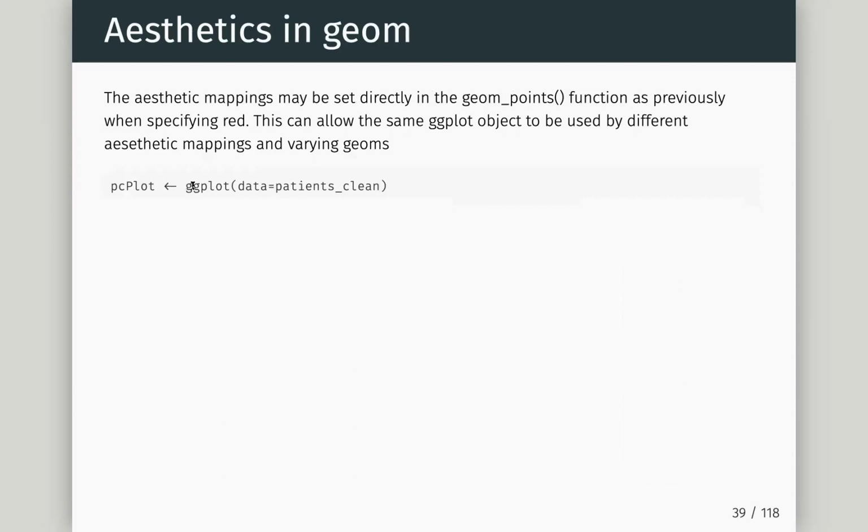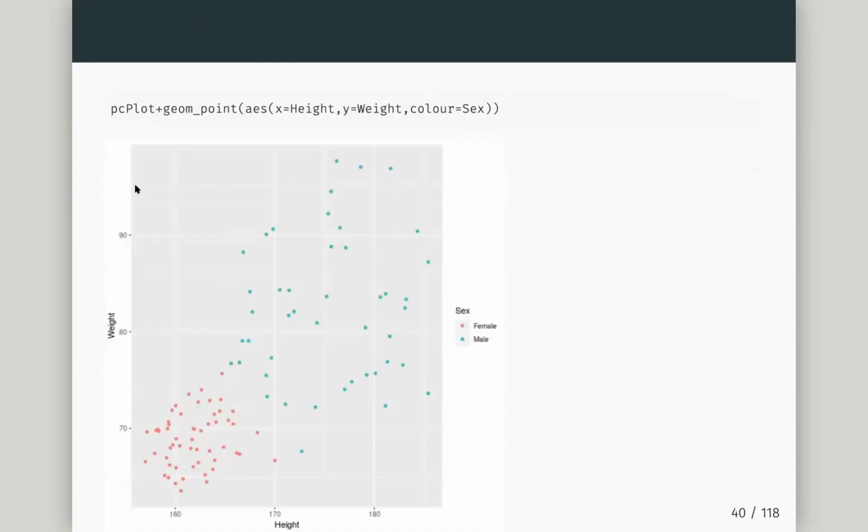I can set up my ggplot here with no aesthetic mappings, and then when I want to start to do my point plot, I just specify the aesthetic mappings required for that particular point plot. As I showed you earlier on, when you do a bar plot, you don't need all the aesthetic mappings, right? So I could still have the same ggplot and use different aesthetic mappings for different plots.